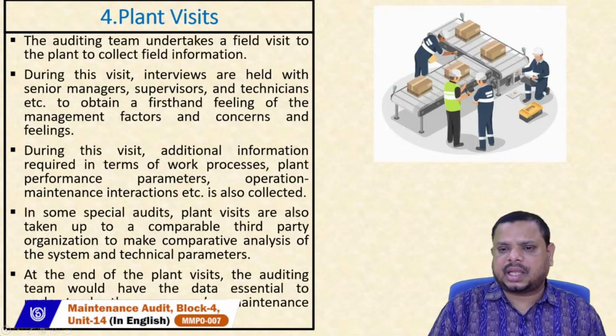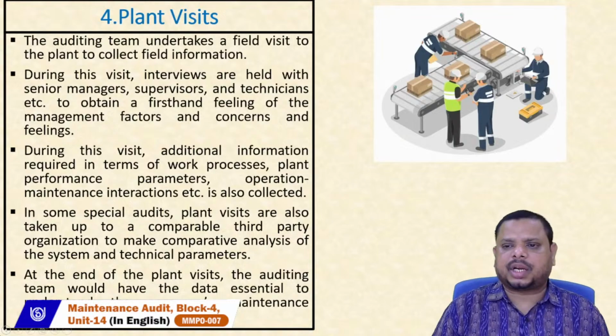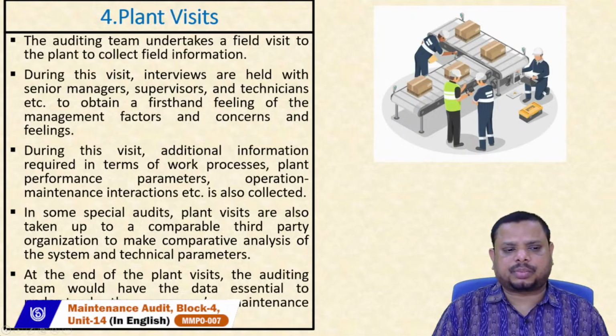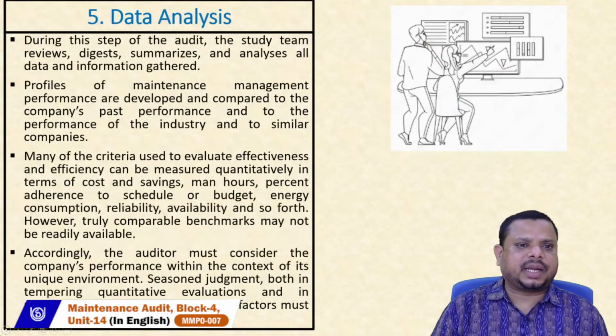In most cases, they can assign third party companies who have conducted the comparative analysis of systems and technical parameters with reference to maintenance, plant performance parameters, work process, and operation maintenance interactions, all the things to be done by the third parties. And at the end of the plant visit, the auditing team would have the data essential for understanding the company maintenance strategy, challenges, and plan.